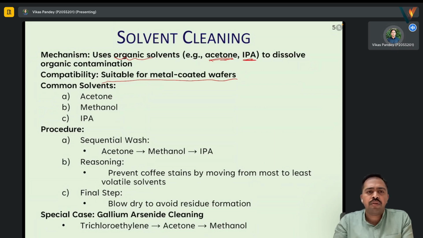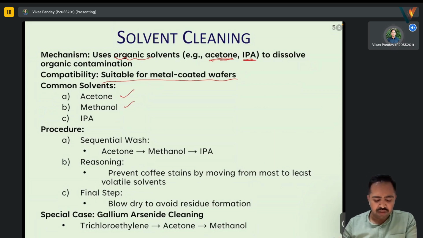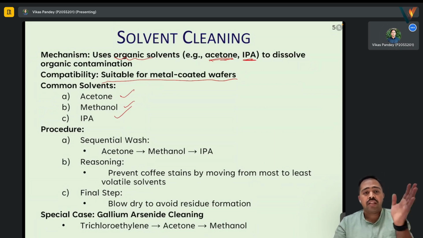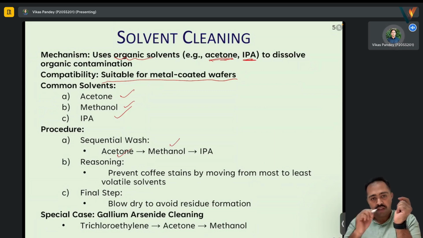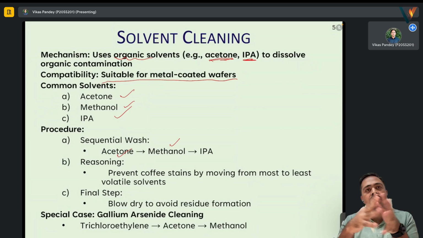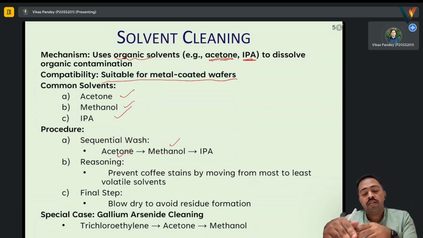The very common solvents are acetone, methanol, and IPA. It is something like a sequential wash: washing in acetone, then taking it out, rinsing in DI, drying it with dry nitrogen, and then again rinsing it in methanol.